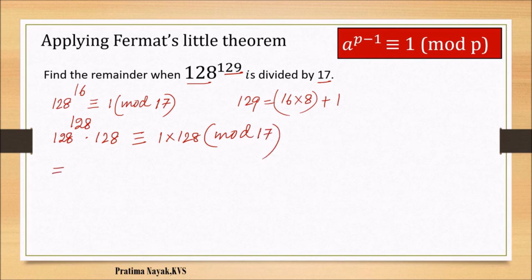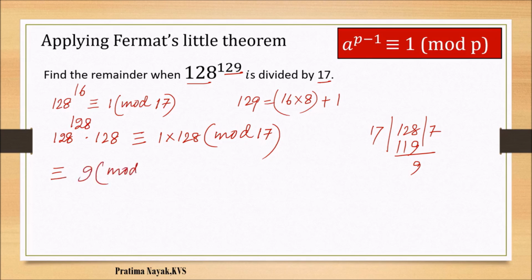When 128 is divided by 17, 17 times 7 is 119, we get 9 as the remainder. So this is congruent to 9 modulo 17. So 9 is the remainder.